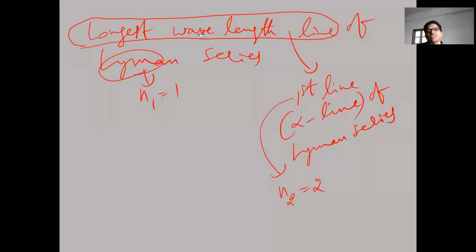Sometimes instead of longest wavelength line, they mention the line with the smallest energy, the least energy line. Least energy line again means first line, because energy and wavelength are inversely proportional. When they mention longest wavelength, we have to imagine least energy.